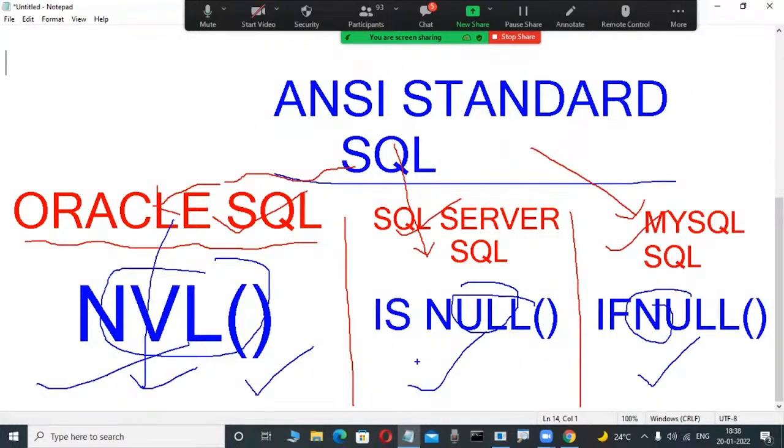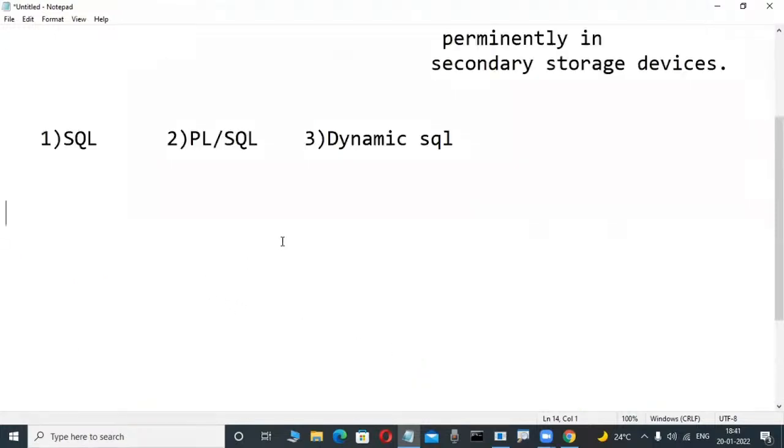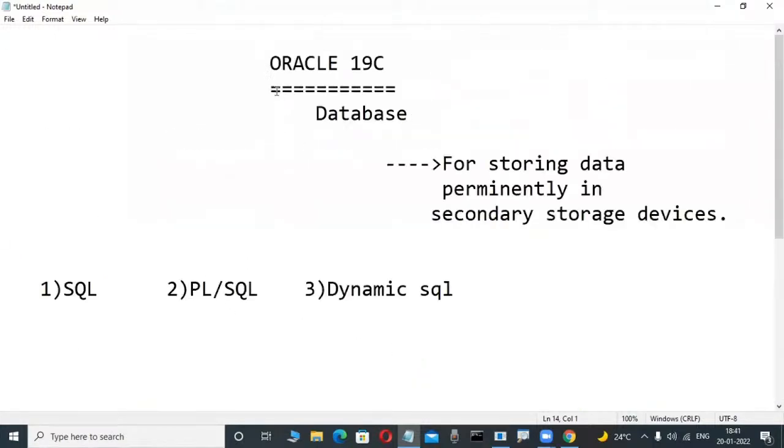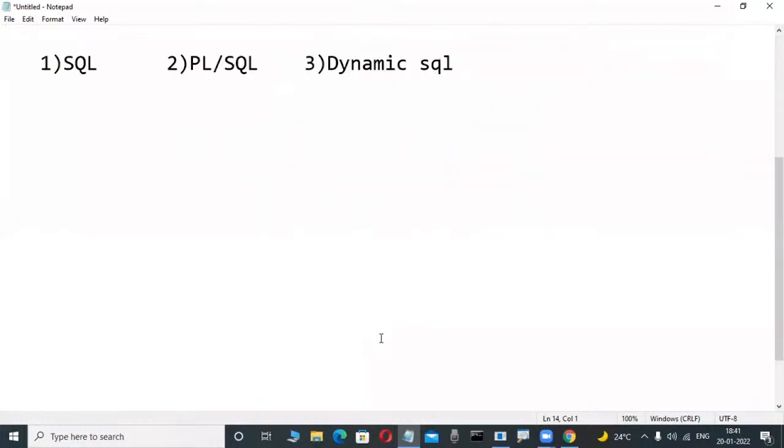There is another function. That's why, always, what we are learning is that SQL is an ANSI standard language, and from it Oracle Corporation created their own SQL language, called Oracle SQL.